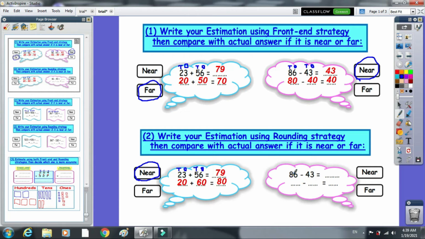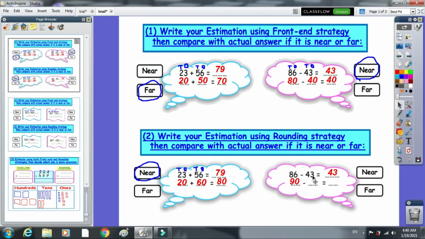And here if I have 86 minus 43, it is the same example as before, and the actual difference is 43 as we said. And if we round the first number, 86 will be rounded to be 90 because 6 is a strong number, so I will add one more to 8 to be 90.